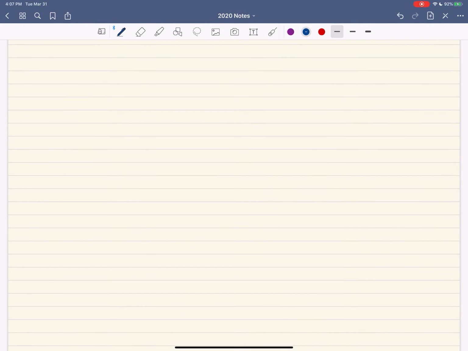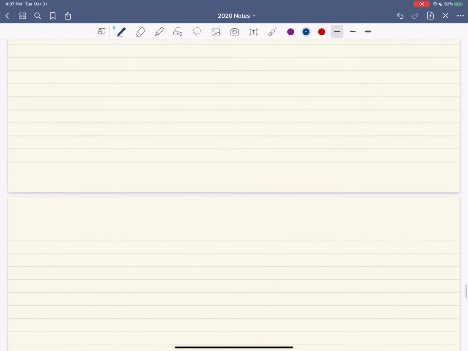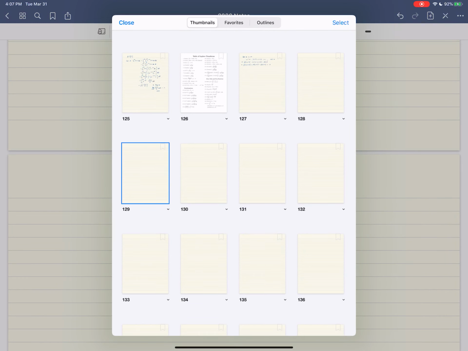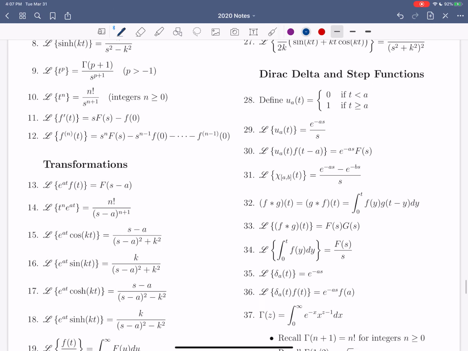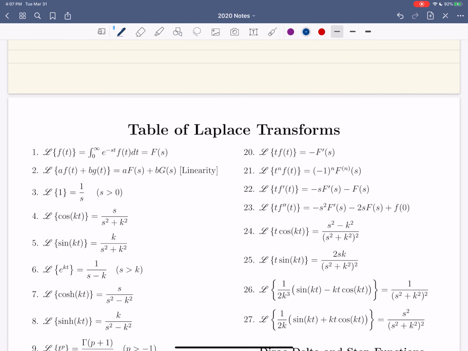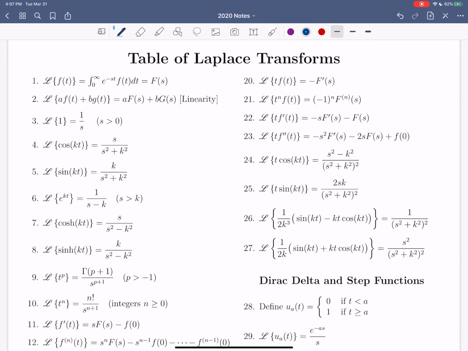So for t times the second derivative, we're looking at rule 23. Okay, and then we're also going to need to know rule 20. So rule 20 and 23, and then later we'll need some other stuff.